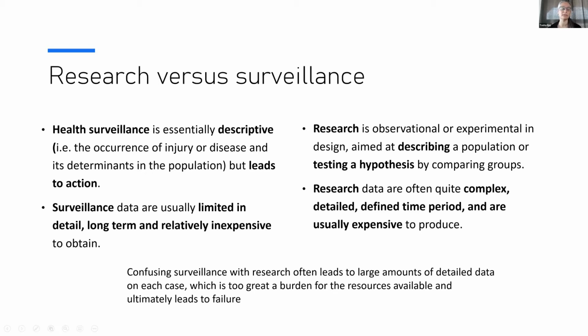Research, which most veterinarians should have had some exposure to, either in their training or being asked to be part of a project, is some sort of observational or experimental study design that sometimes describes a population, but more often it's trying to test a hypothesis, to figure out why or how a particular disease is existing within a population.